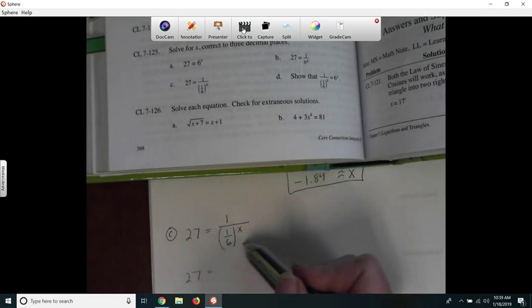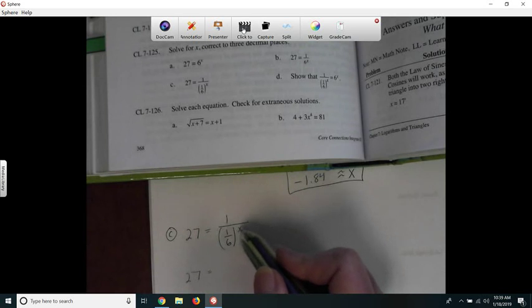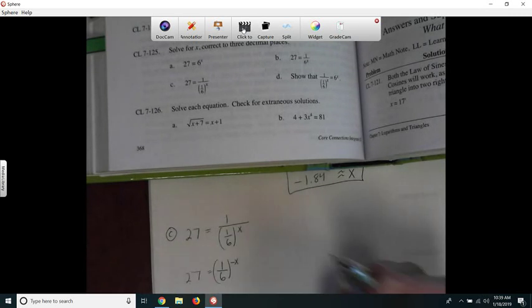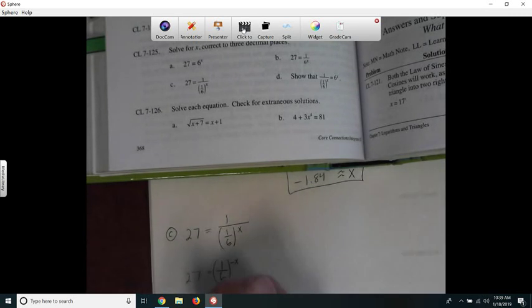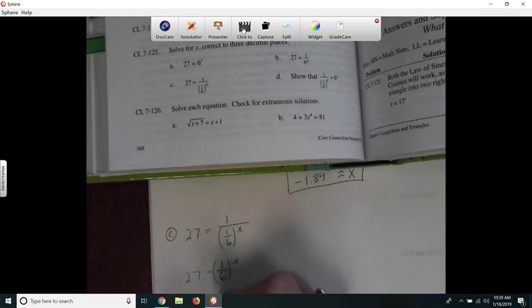This whole part is in the denominator. If I want to move it to the numerator, I can just change the sign of my exponent. So now I can rewrite this, and then I can even take it a step further, and I can say, well, anything to the negative exponent, I can take the reciprocals, and so now that's 6 to the x.